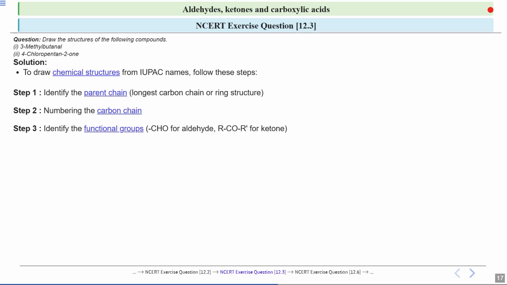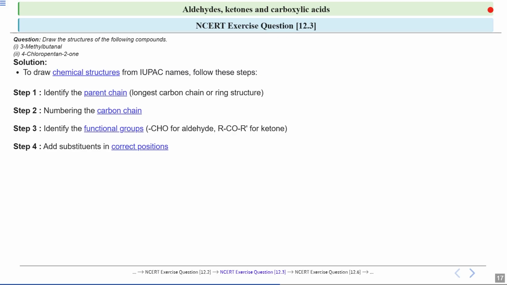Step 3 is to identify the functional groups. For example, an aldehyde group is written as CHO, and a ketone group has a carbonyl group attached to two carbon groups, where R and R' are the carbon chains. Next, you have to add any substituents like methyl or chloro at the correct position on the parent chain.